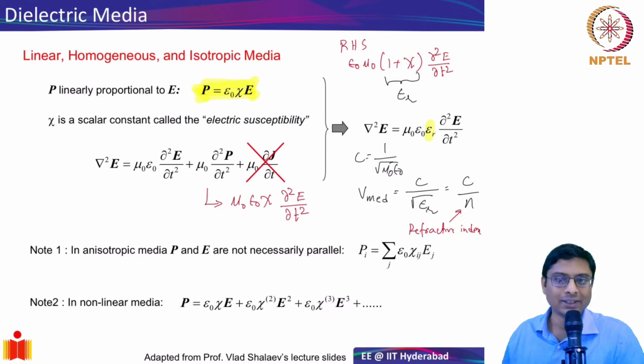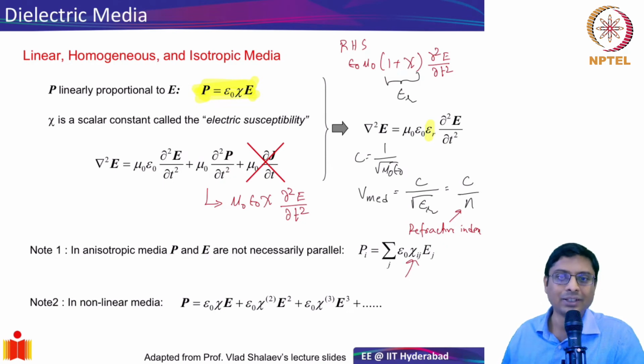The reason is that there are some materials which are anisotropic. That means the speed with which a wave propagates in one direction, let's say the x direction, is going to be different from the speed in the y direction. There are some examples like calcite, where they have an anisotropic response. If you have an anisotropic response, then we have to consider polarization in a slightly more complicated form. In this case, the susceptibility is not going to be a scalar.